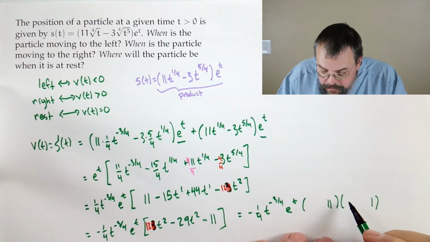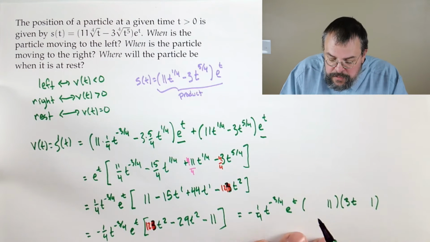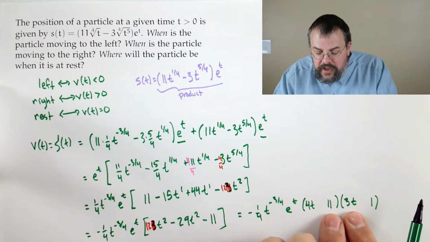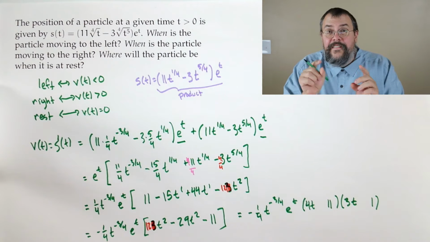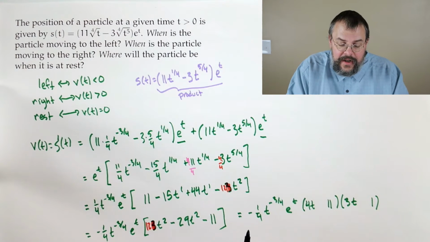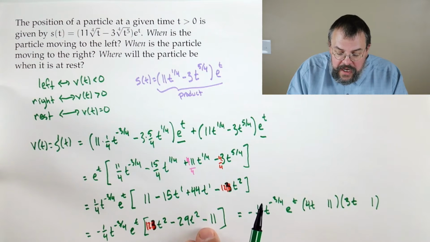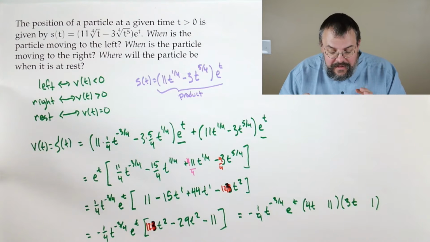All right, so maybe I put the 3 here, so 3t, which would make this a 4t. Now, would it work? Well, I'd have a 33t and a 4t. Hey, good news, 33 and 4 can get me to 29 when I subtract, and I do need to subtract because of the minus. Now I just have to pay attention to the signs.